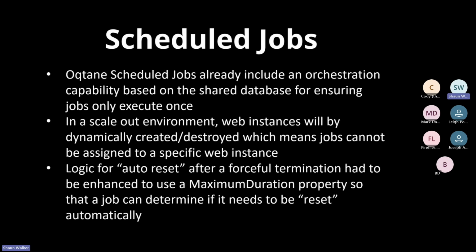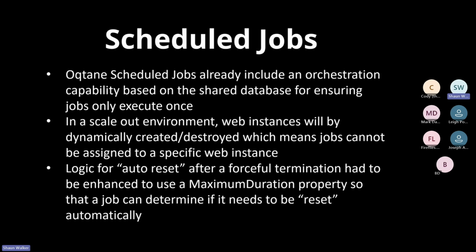Scheduled jobs are obviously a pretty important part of the Oqtane framework. It turns out that because scheduled jobs are managed in the database, which is a shared storage location, there already is a built-in orchestration capability for scheduled jobs, meaning there was already the ability to check whether or not a scheduled job is executing.